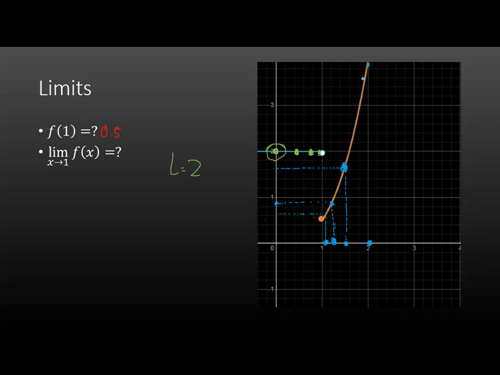As our x value approaches 1 from the right side, it approaches 0.5. So our right is 0.5. It's 0.5, guys, not 3, 0.5.